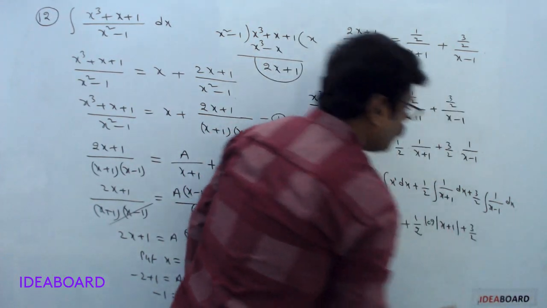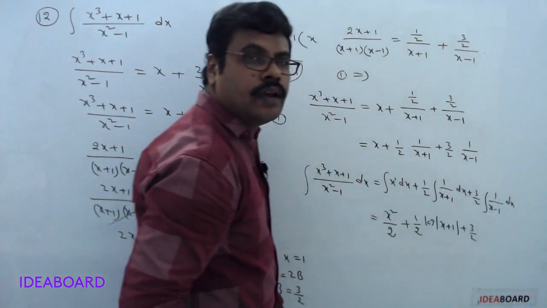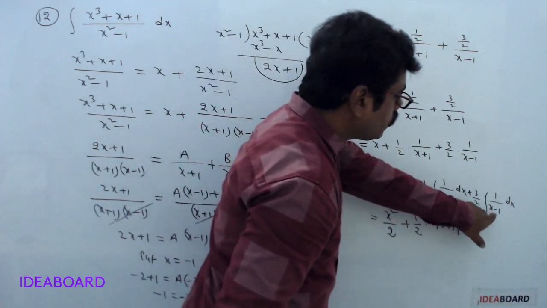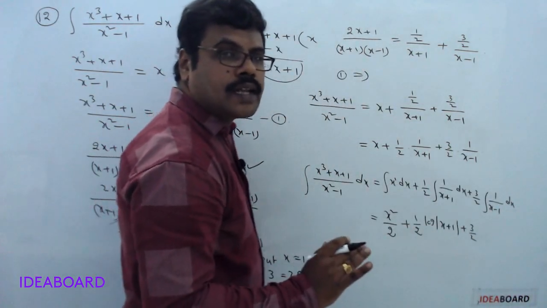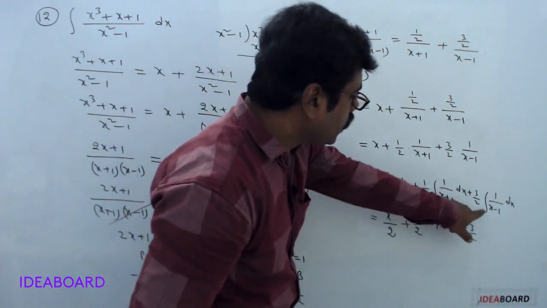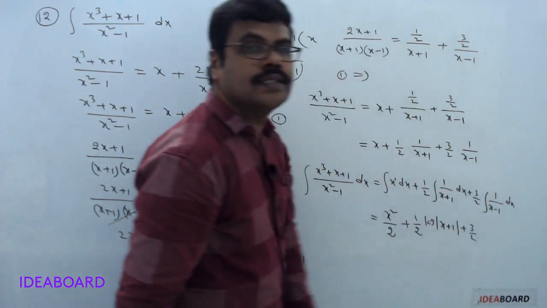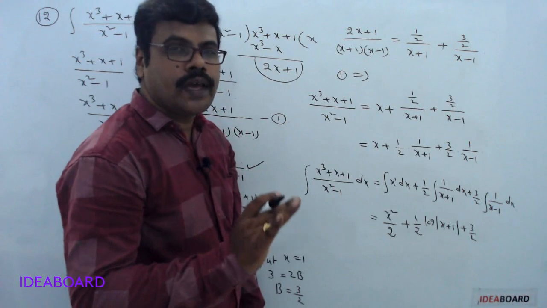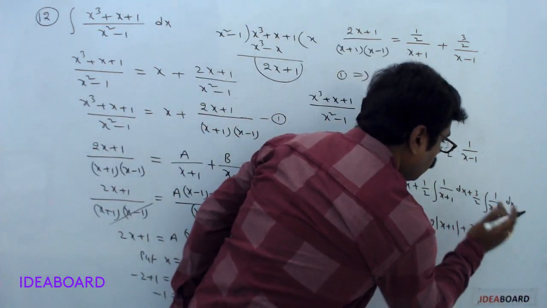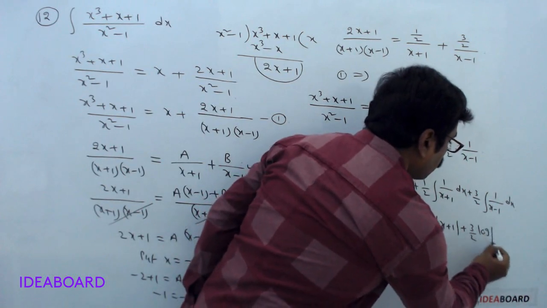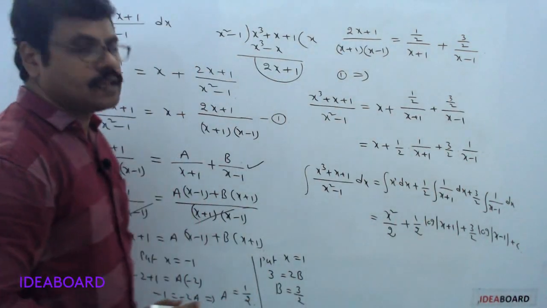Plus 3 by 2 into integral of 1 by x minus 1, where the derivative of x minus 1 is 1. Clearly, derivative of denominator is in its numerator. So, what is the corresponding formula? Integral f dash of x divided by f of x dx is log mod f of x plus a constant c. So, by using that formula, what is its value? Log mod x minus 1 plus a constant c.